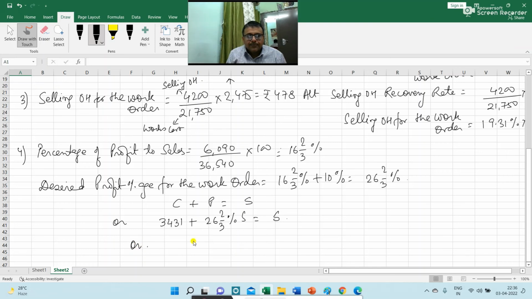So 73 1/3% of sales is equal to 3,431, or sales is equal to 3,431 divided by 73 1/3%. You will get rupees 4,679. So this is the estimated sales price for the work order that you are going to quote for the order that you have received in 2021.